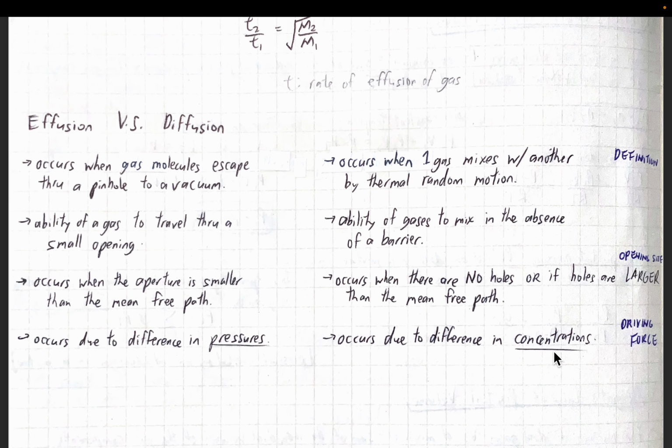So, what do I mean by difference in concentrations? When you spray perfume in a room, before spraying, it normally doesn't smell. The concentration of the air is without the perfume, but after spraying, that's when you feel a difference in concentration.